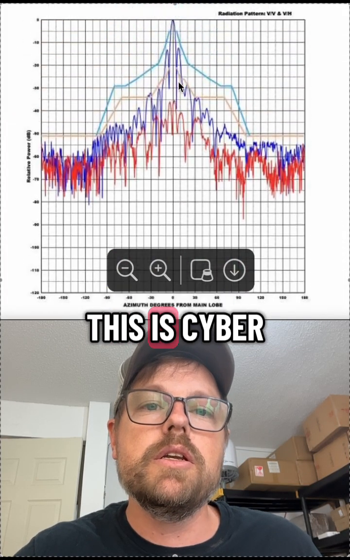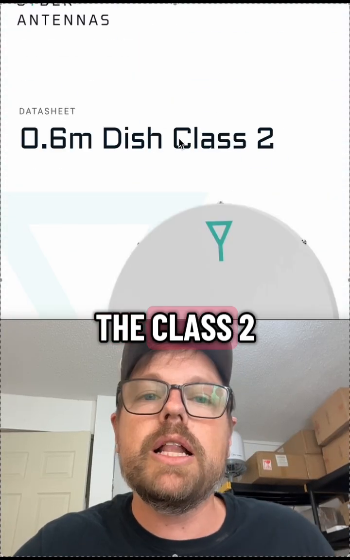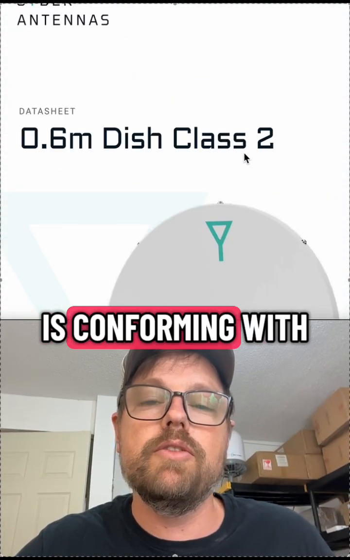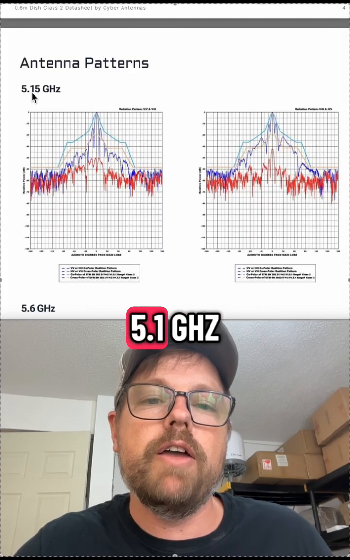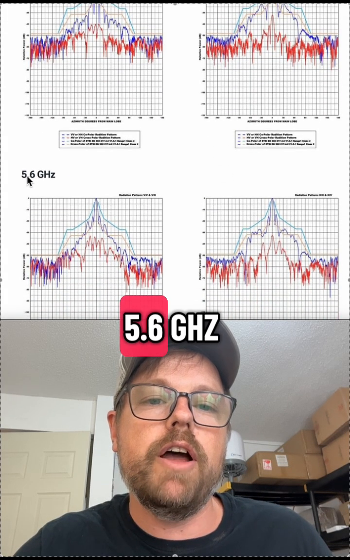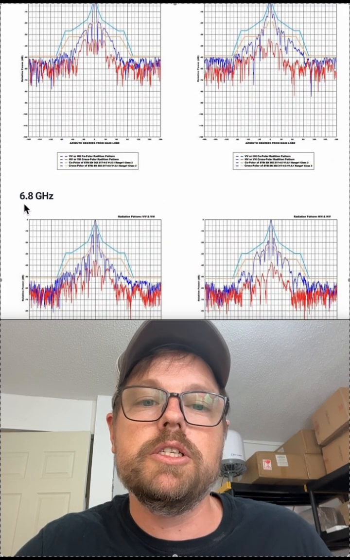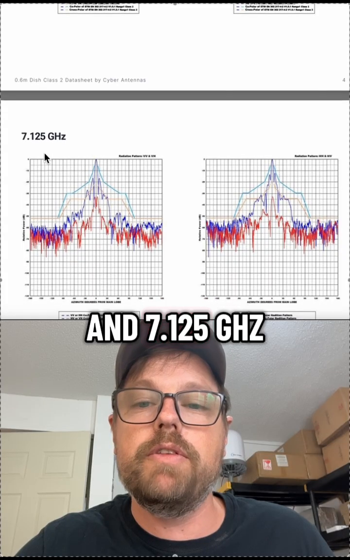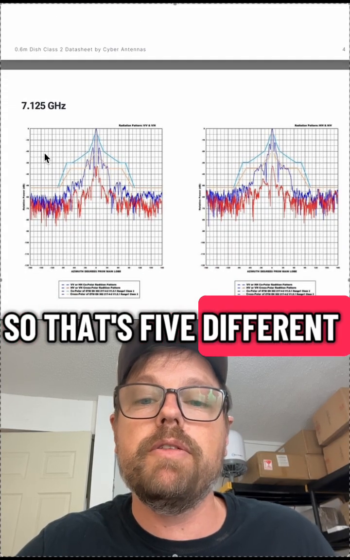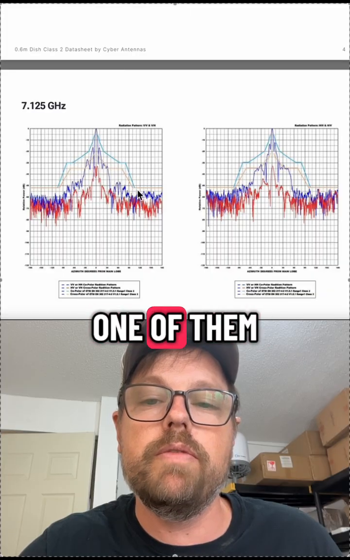This is Cyber Antennas Class 2 dish. The Class 2 is conforming with ETSI standards, and we have 5.1 gigahertz, 5.6 gigahertz, 6.0 gigahertz, 6.8 gigahertz, and 7.125 gigahertz. So that's 5 different frequency points, and then we show the ETSI mask on each one of them.